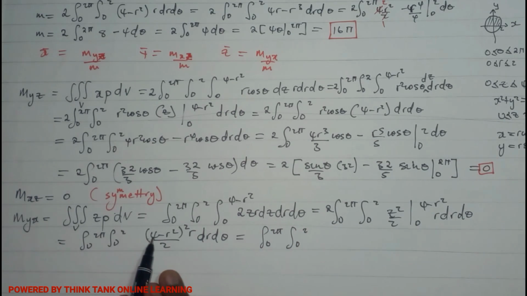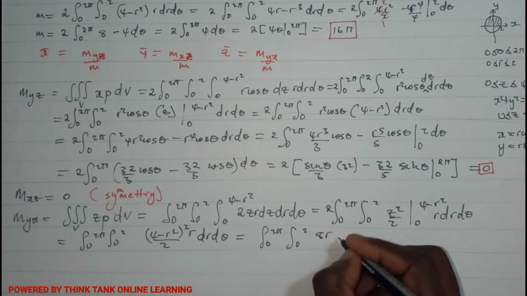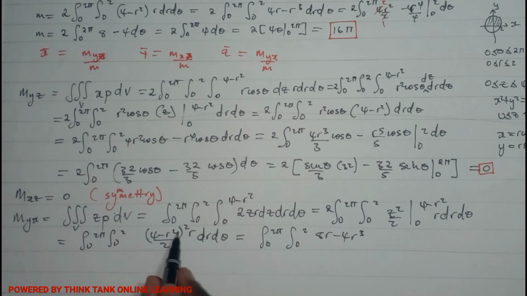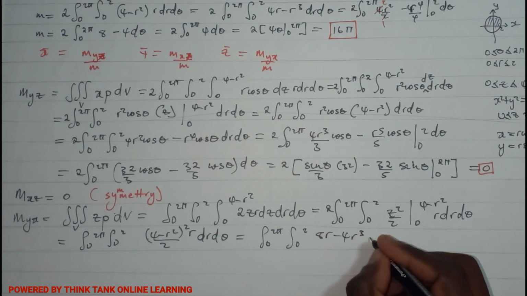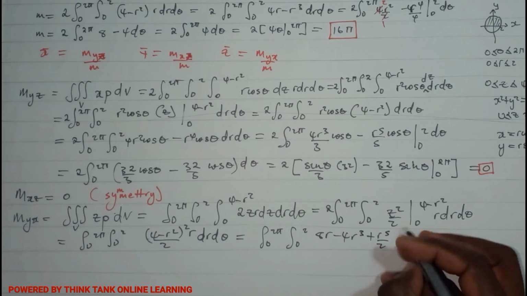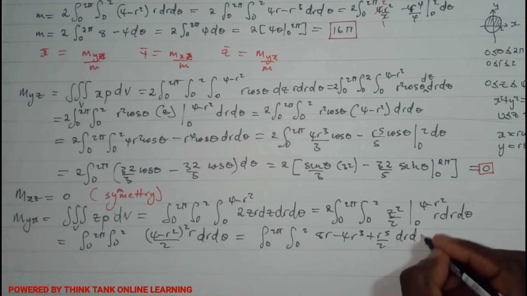If you simplify, 4 squared is 16, divided by 2 is 8, times r, so 8r. Then 4 times negative r squared is negative 4r squared, times r gives negative 8r squared over 2, which is negative 4r cubed. And r squared times r squared is r to the power 4, times r, so plus r to the power 5 divided by 2, dr d theta.